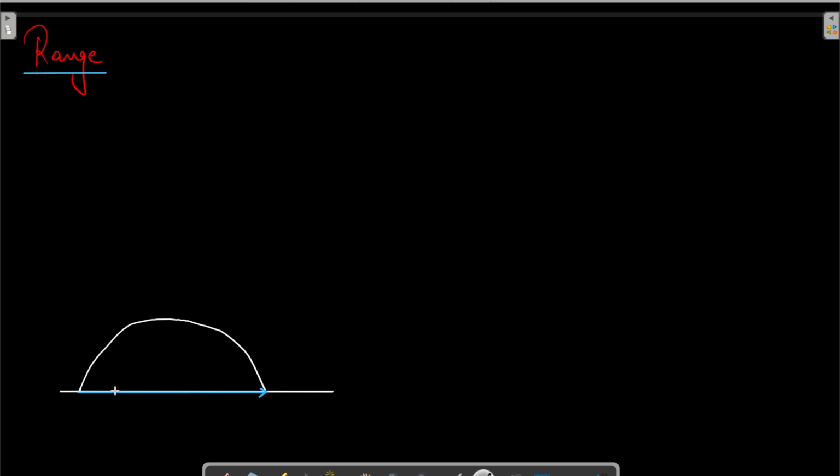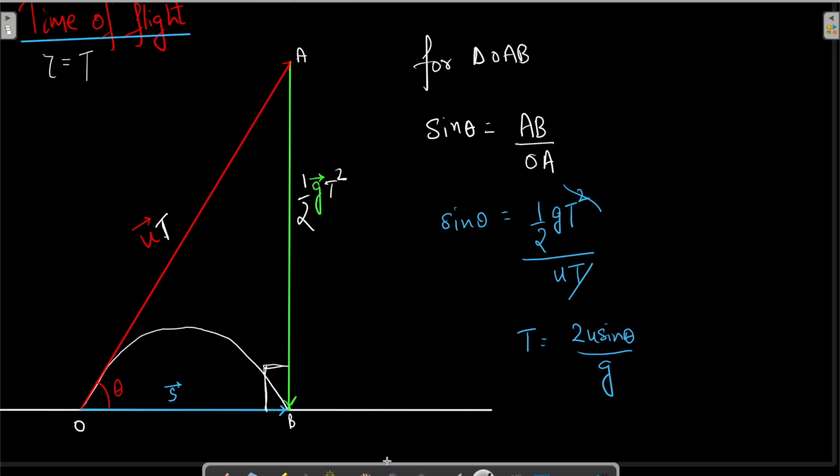The next thing is we can bring the same thing which we were drawing here. We can copy the same thing.